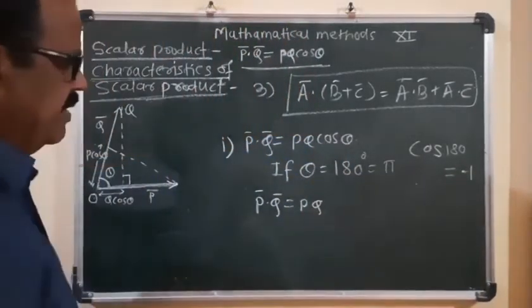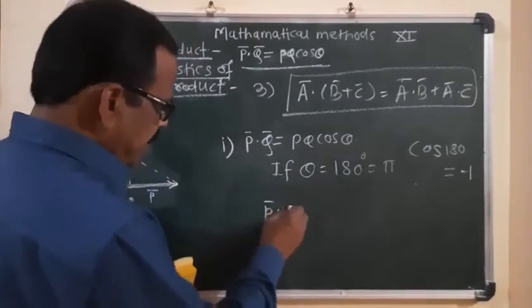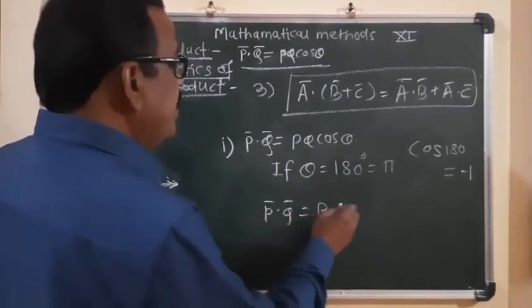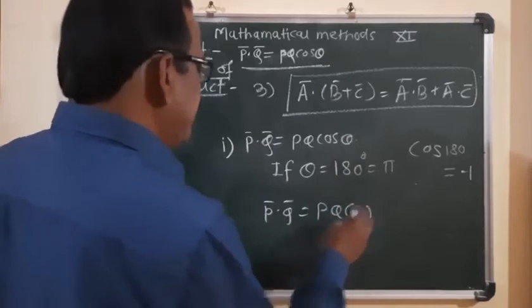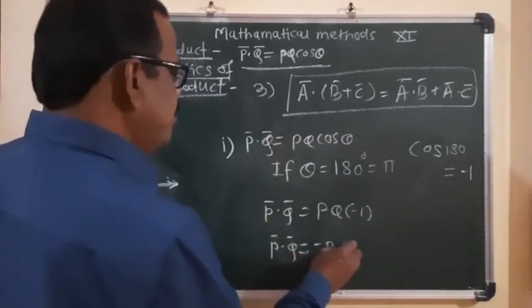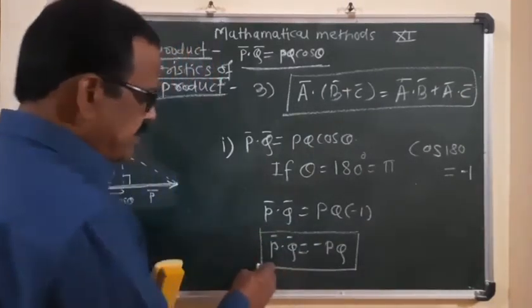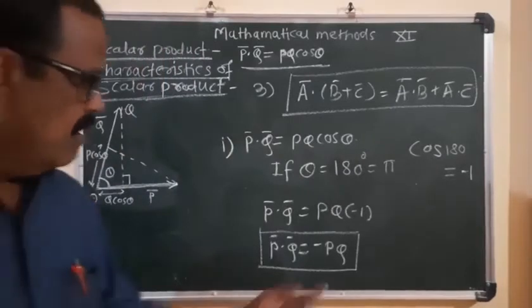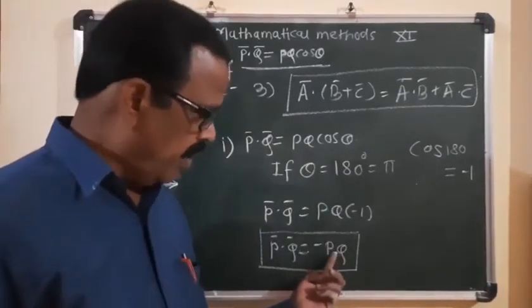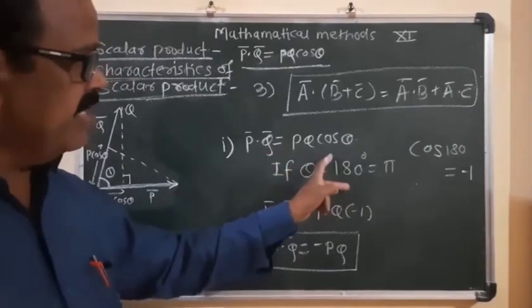Therefore, this equation can be written as P bar dot Q bar is equal to PQ into minus 1. P bar dot Q bar is equal to minus PQ. Product of two anti-parallel vectors is equal to minus of product of magnitude of two vectors. This is the second characteristic.